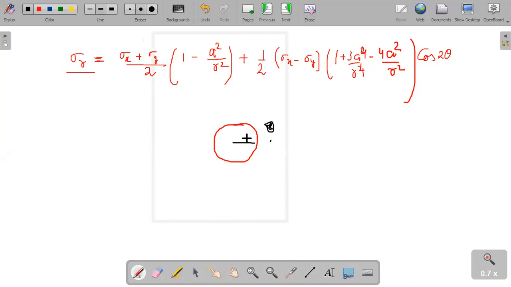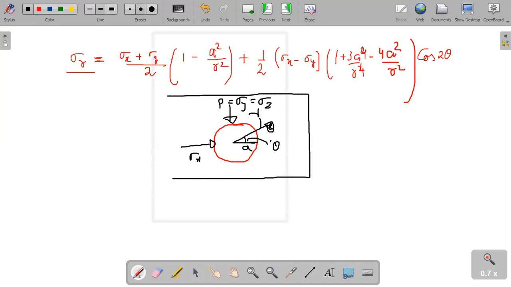Here, this is a distance of r from the center and its radius is a, and it is making an angle theta. Or we assume that if this is p, which is sigma y or sigma z. Don't get confused between sigma z and sigma y. Sigma x is the horizontal stress. Okay, this is the situation.